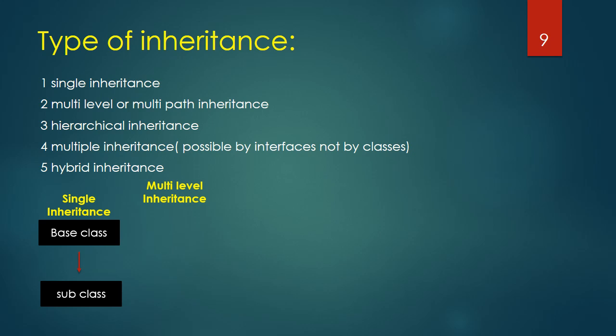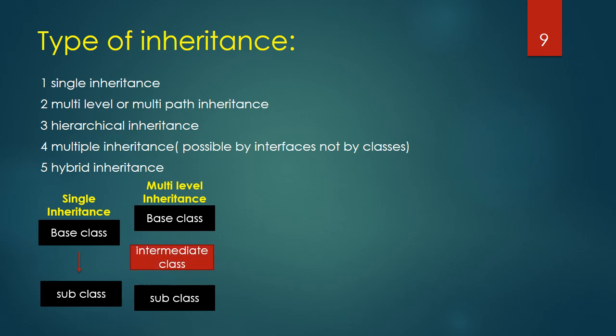Multi-level inheritance contains one base class and one subclass, and besides these, some intermediate classes will be there. Any number of intermediate classes may be there. In this example I have taken only one, but it is not confined to only one.